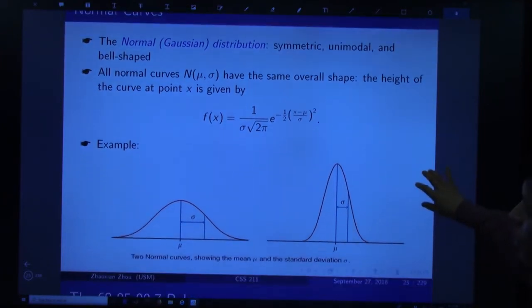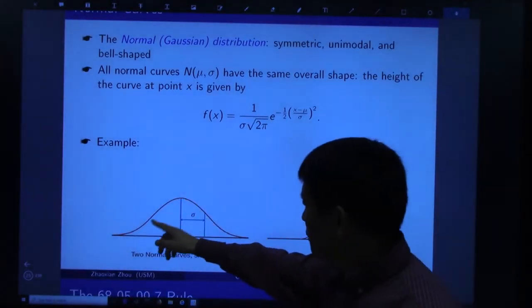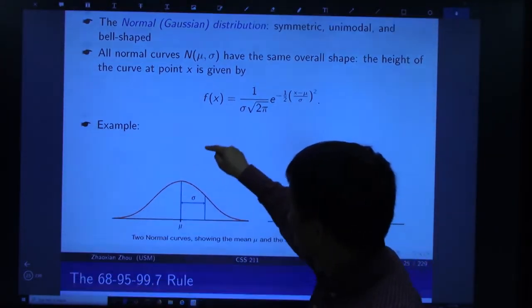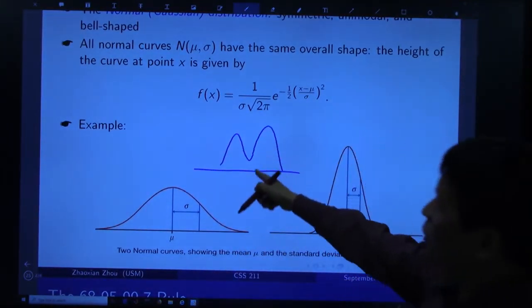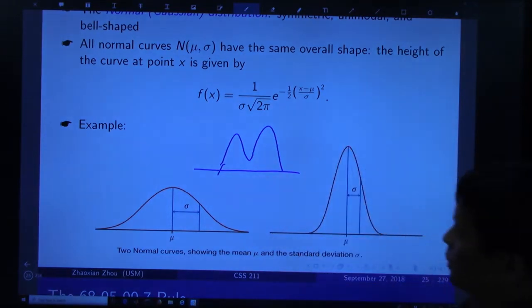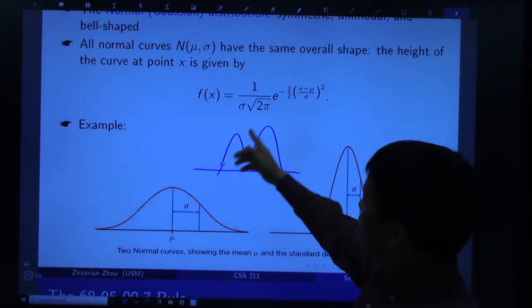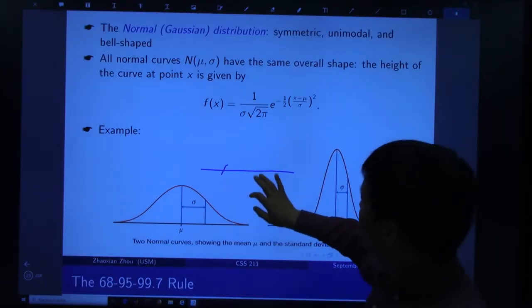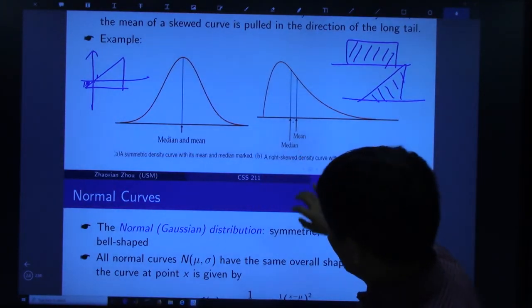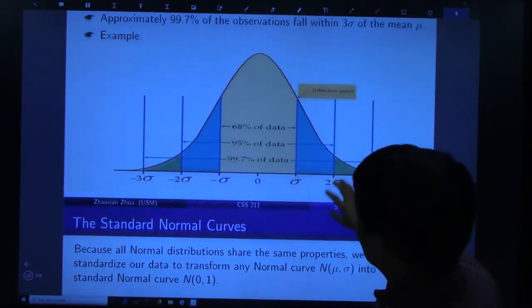Unimodal means we have only one maximum. So here it must be like this. If you have something like this, it is definitely not a normal distribution because we have bimodal. One peak is here, another one is here. So this one is not going to be called normal.